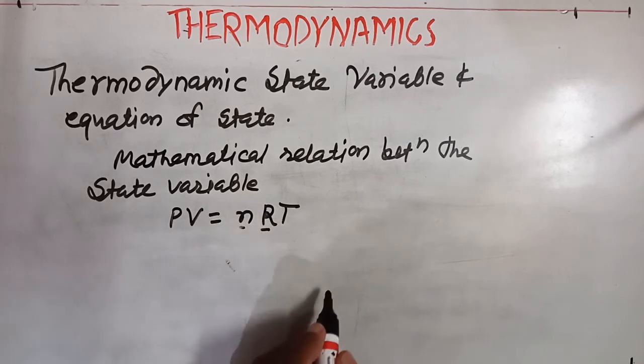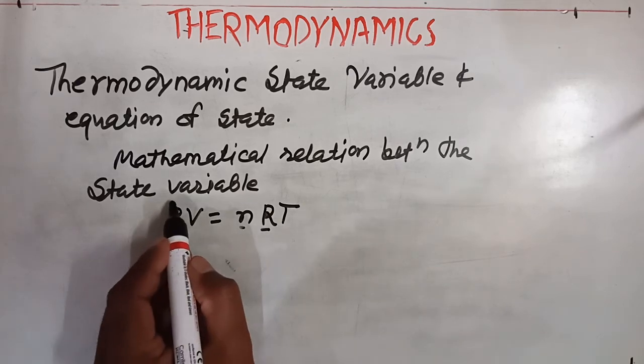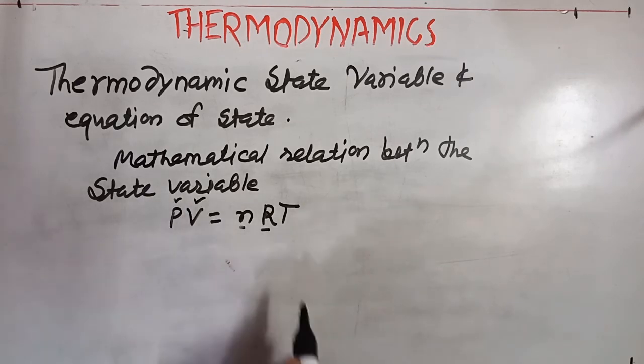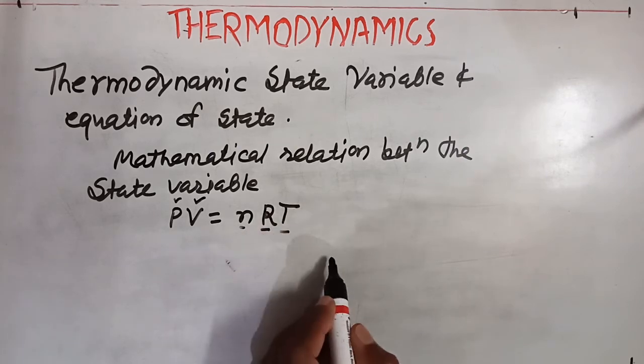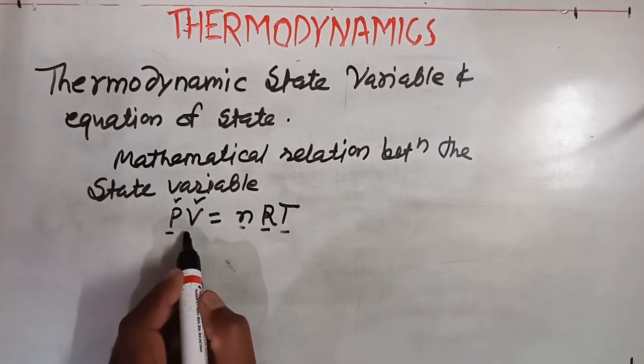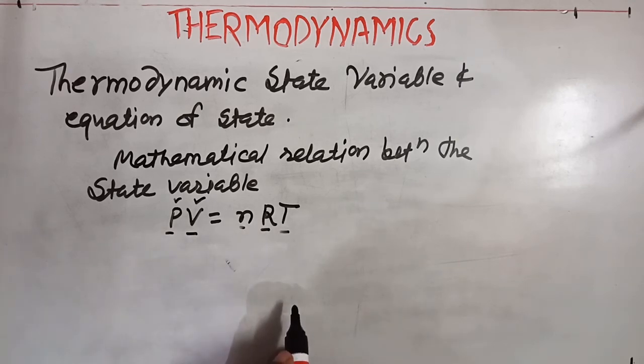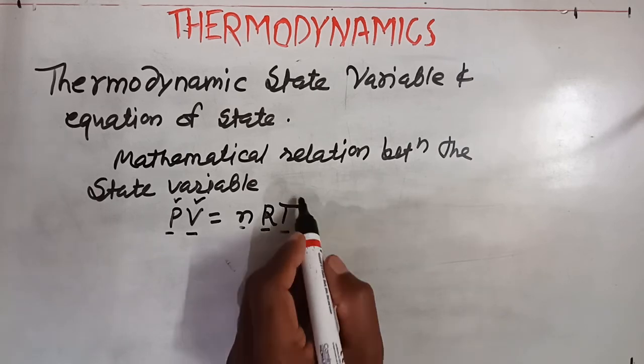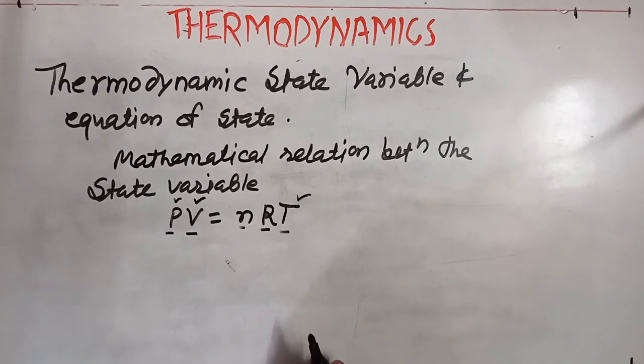As n and R are constants, if we know the values of P and V, then we get the value of T. So only two independent variables need to be known to us, then we can find the third variable.